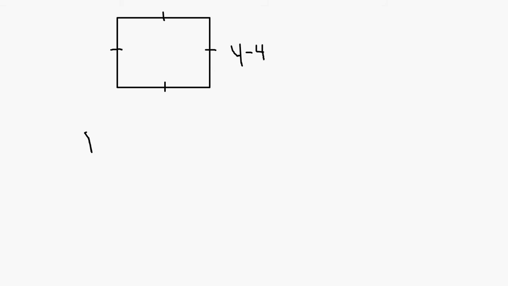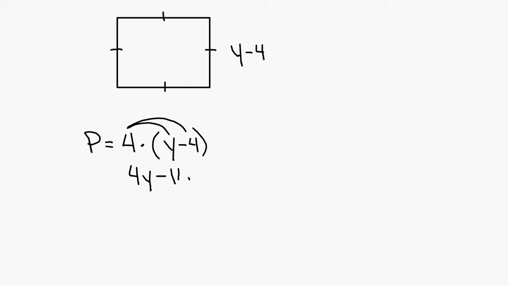The perimeter would be equal to 4 times a side length, and in this case one side is y minus 4. So again, for the perimeter, that's going to be the distributive property. So 4 times y is 4y, and 4 times negative 4 is negative 16. So your perimeter would be equal to 4y minus 16.